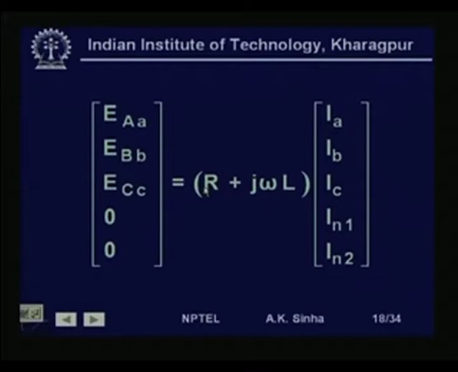This is equal to R plus j omega L, which will be again a 5 by 5 matrix, into I A current in phase A, I B current in phase B, I C current in phase C, I N 1 current in neutral 1, and I N 2 current in neutral 2 or ground 2.